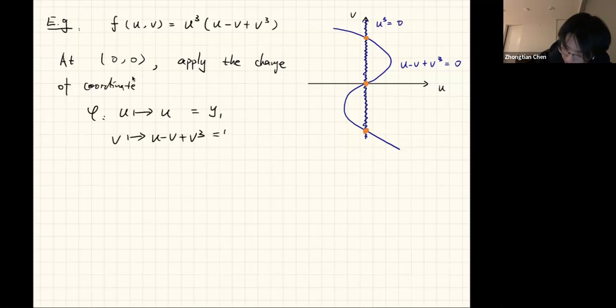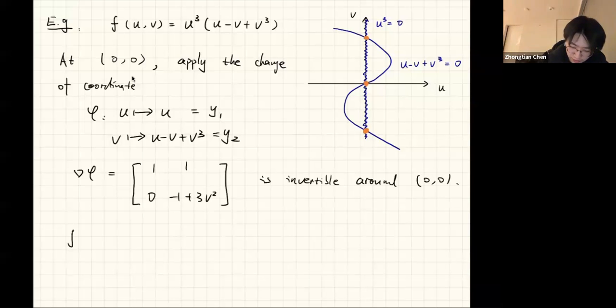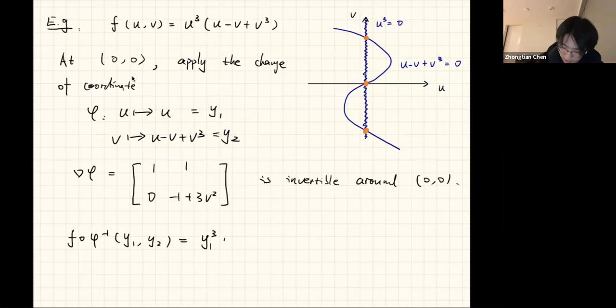This is my new coordinate, and it is a change of coordinates because when you compute the Jacobian, it equals 1, 0, 1, minus 1 plus 3v squared, which is invertible around the origin. Then applying this change of coordinates, f in the y coordinate will just be y1 cubed times y2.